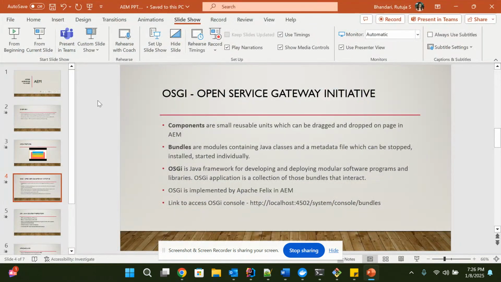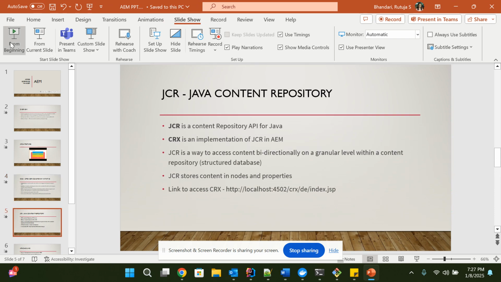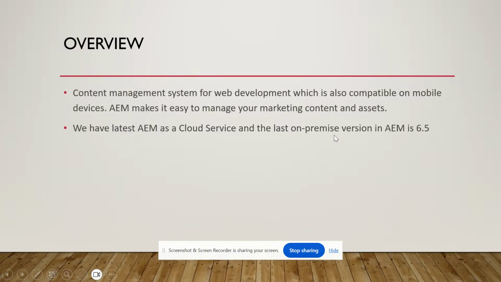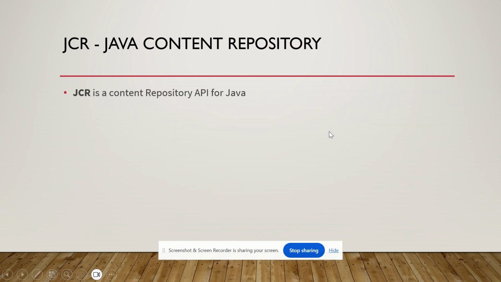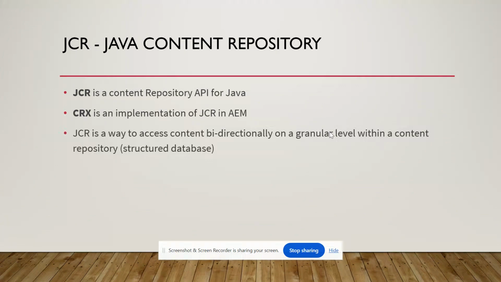So we'll see the other layer, that is the JCR, the Java Content Repository. JCR is a content repository API for Java. CRX is an implementation of JCR in AEM.